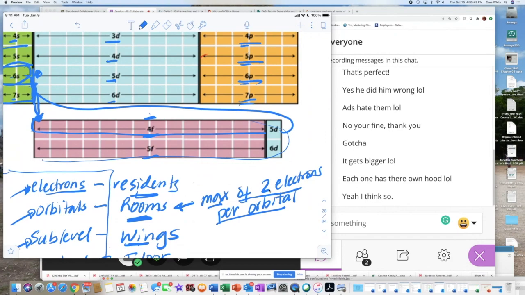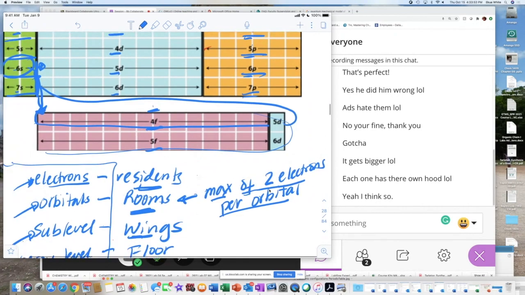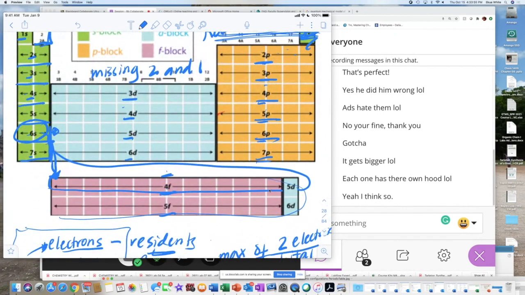It would be like saying a maximum of 2 people per room. So 2 residents maximum per room. The room can be empty. It can have 1 person or it can have 2 people. Okay? And then the wings we're working with, we have these 4 categories: the S wing, the P wing, the D wing, the F wing.